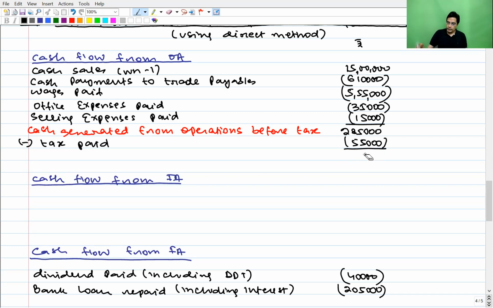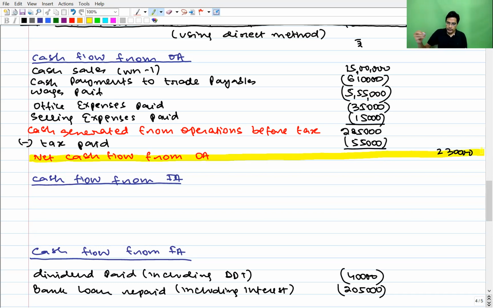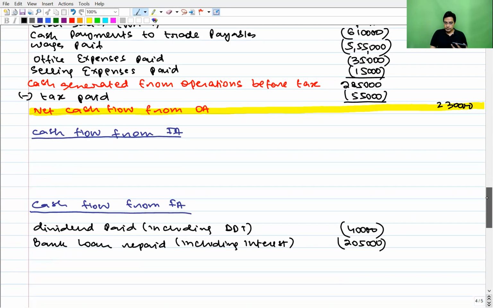What is this 2,30,000? This 2,30,000 is cash flow from operating activity. Net cash flow from operating activity, 2,30,000. Okay, next one.